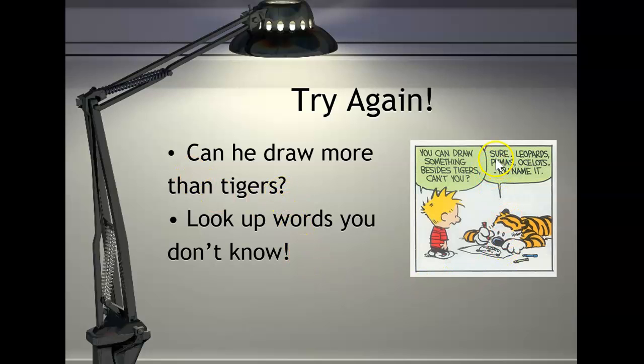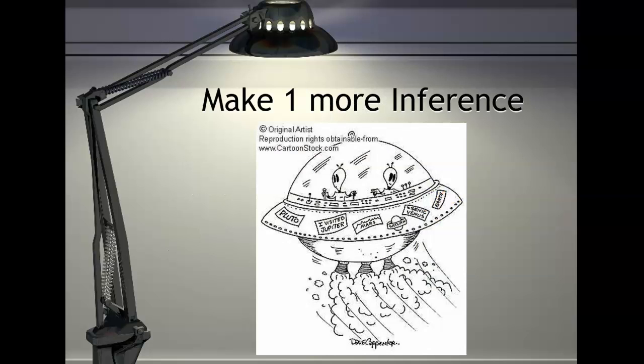Okay. I can make an inference. If he's drawing leopards, pumas, and ocelots, they're all forms of cats. Tigers are also in the cat family. So I guess he can't draw anything but tigers. All right, let's make one more inference.